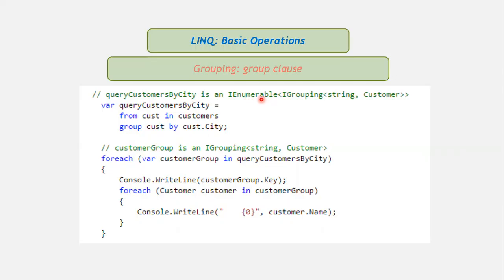So here IEnumerable is a collection of IGrouping, and IGrouping is a collection of customer, and IGrouping is using a string at the back end as the key to hold the customer objects. So for query customers by city, instead of var, we can also write this whole thing as a data type, and these are the data types that are being used at the back end.